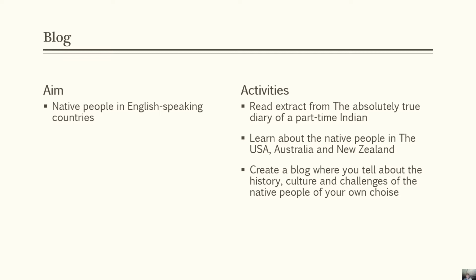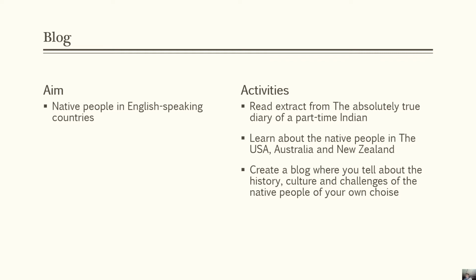The blog task is made by creating a blog connected to the aims in the syllabus with clear criteria. A central aim in the syllabus is to learn about native people in English-speaking countries. I introduced the topic and we read about the native people in the United States, Australia and New Zealand.